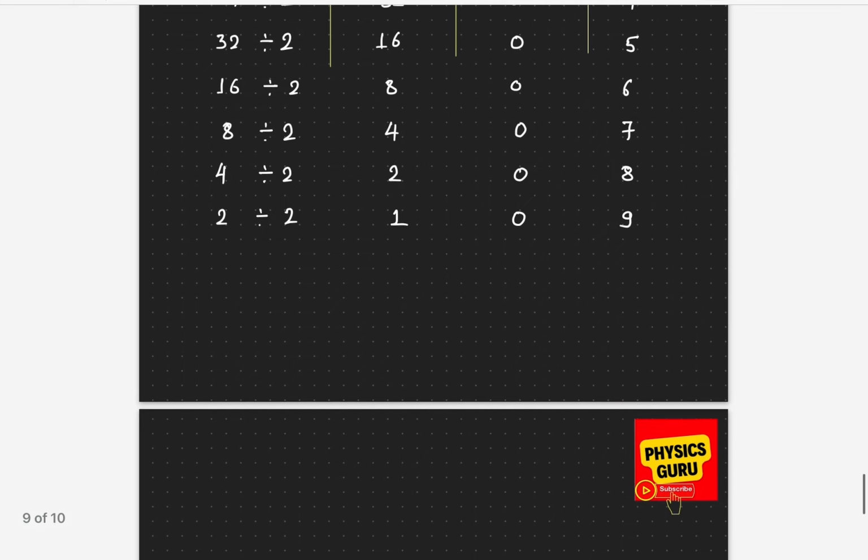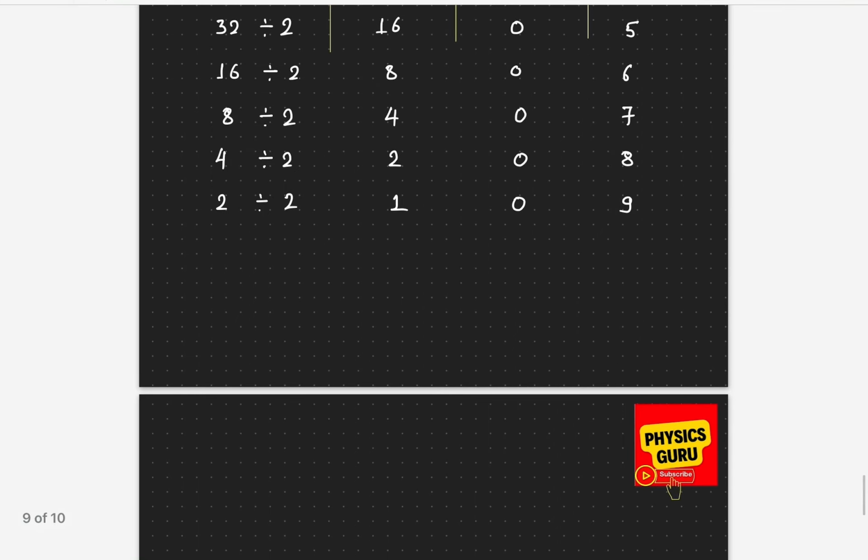And the last one is 1 divided by 2 is 0, and we have remainder 1.